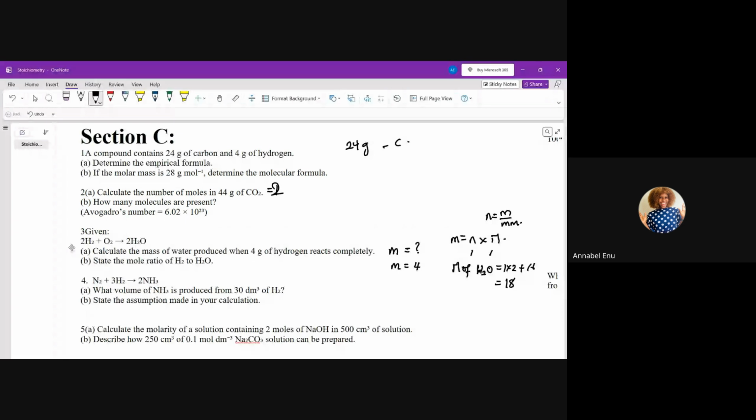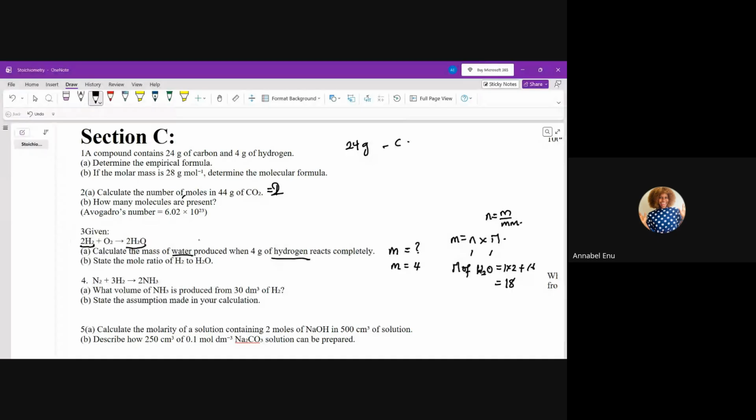When we are given a question like this, we should know that the coefficient is not the same thing as the number of moles, but we can relate coefficients to number of moles to get the number of moles of the unknown substance. In the question we are dealing with water and hydrogen. Nobody talked about oxygen, so we are dealing directly with the relationship between hydrogen and water.